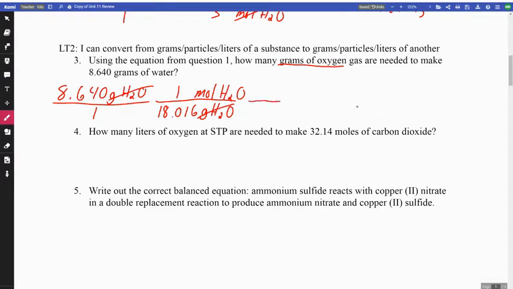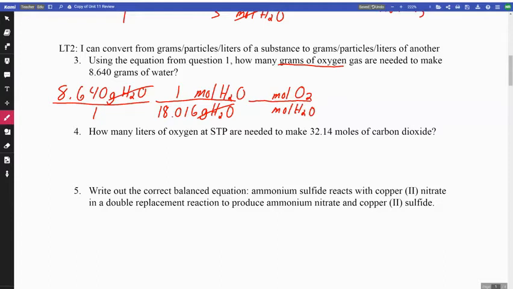We can't stop yet. All right, so now we have moles of H2O. We want to cancel that out. So we put moles H2O on bottom. We cannot go from moles of H2O to grams of oxygen. You can't go from moles of one thing to grams of a different thing, but we can go from moles of H2O to moles of O2.